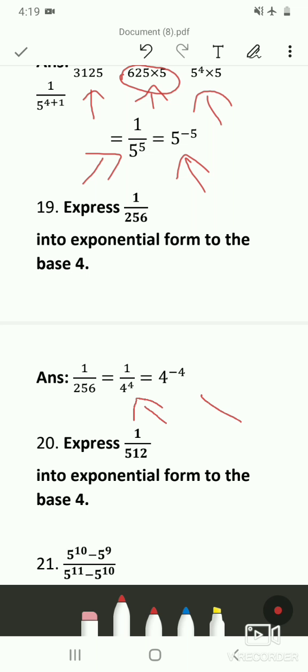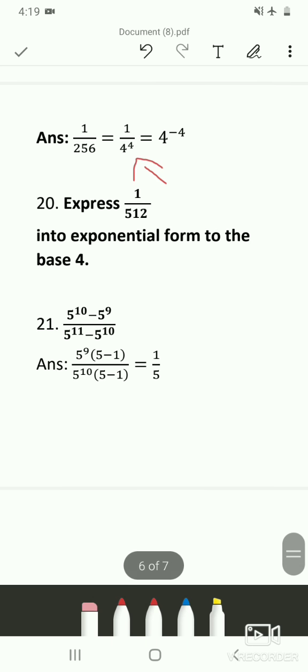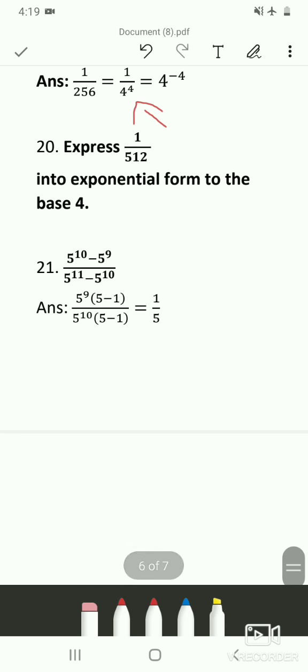Again using negative index, you will get the final answer as 4 raised to minus 4. The next problem I want you guys to work out is express 1 upon 512 in the exponential form to the base 4. Okay, let's see another problem.